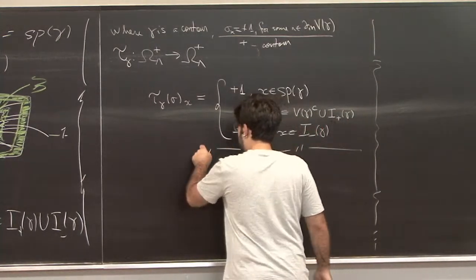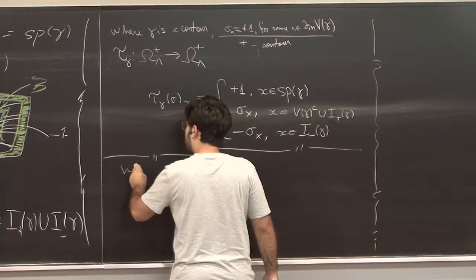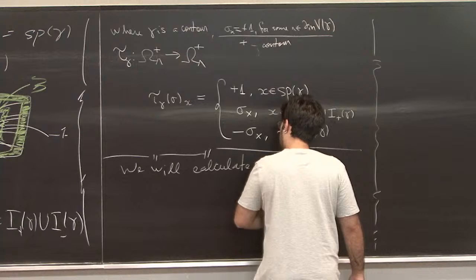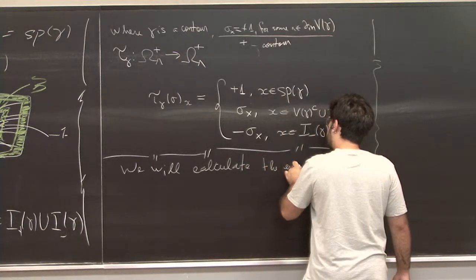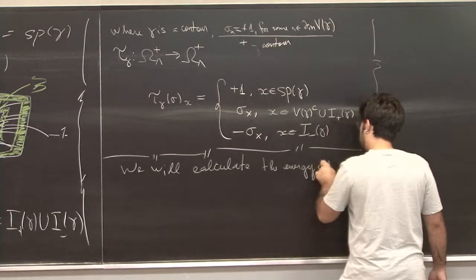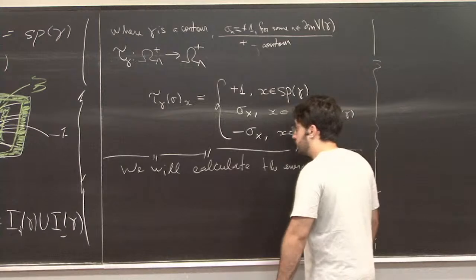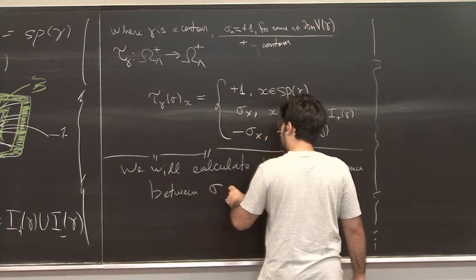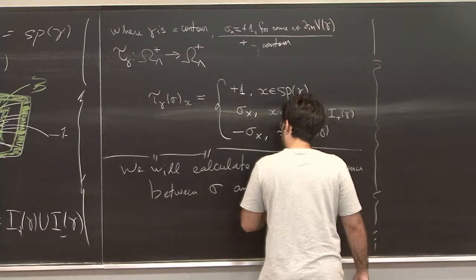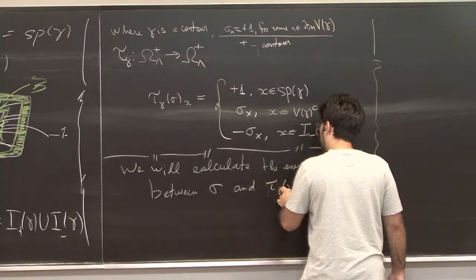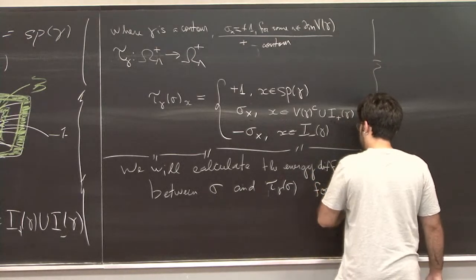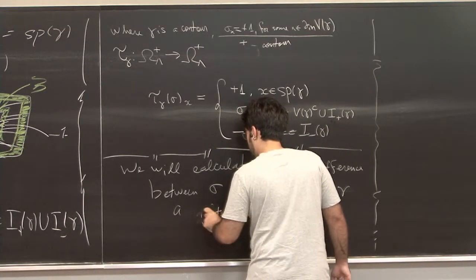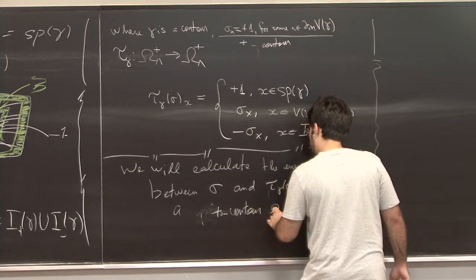We will calculate the energy difference between a configuration sigma and tau gamma sigma for gamma a plus contour for sigma.